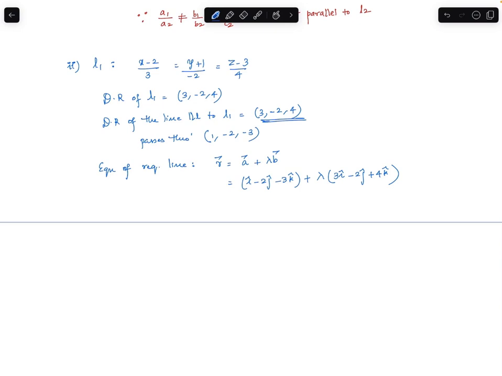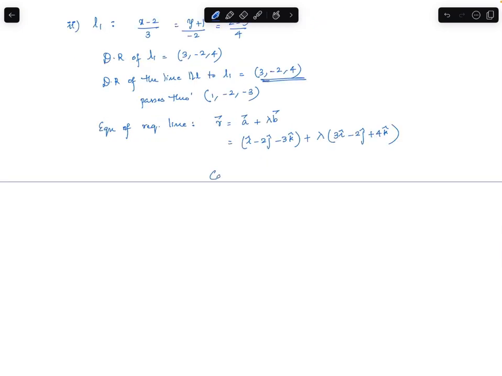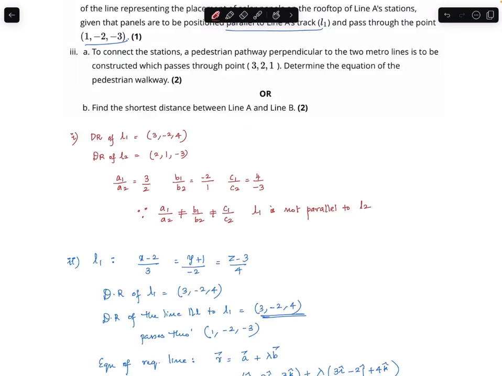So this is the equation of the line parallel to L1 in vector form. And in Cartesian form, it will be (x minus 1) upon 3 equal to (y plus 2) upon minus 2 equal to (z plus 3) upon 4.